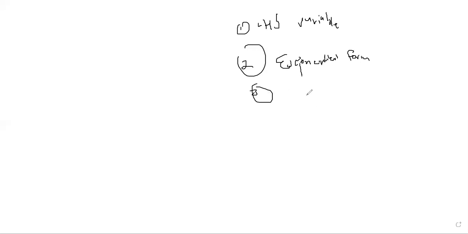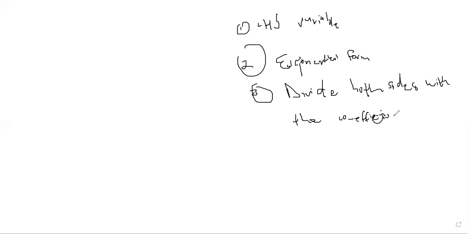So you divide both sides with the coefficient. And then the fourth thing to do would be to simplify the exponents, right?